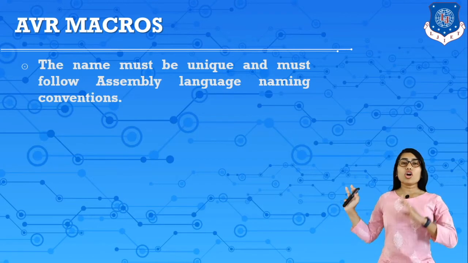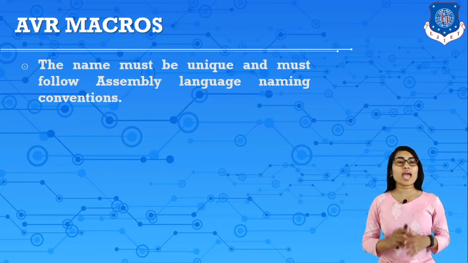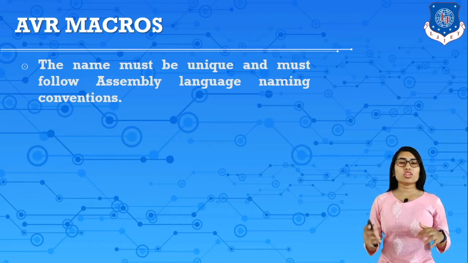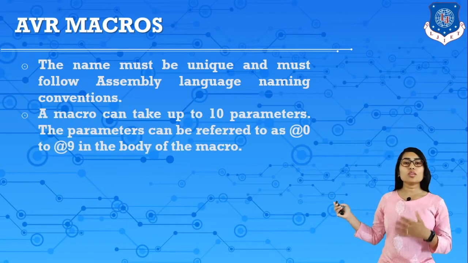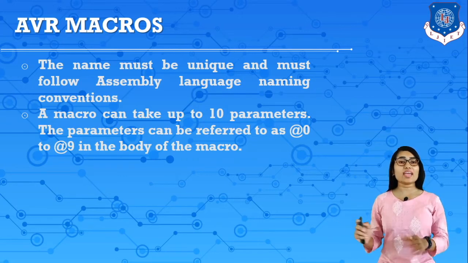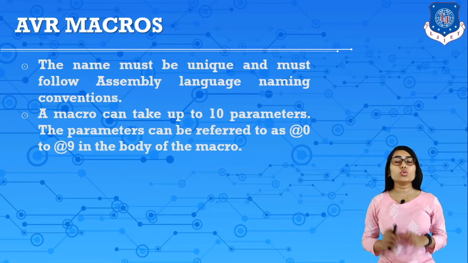The name of the macro must be unique and must follow the assembly language naming convention, that means it can use characters, symbols and names like this. A macro can take up to 10 parameters.